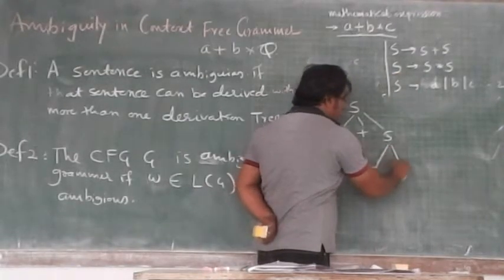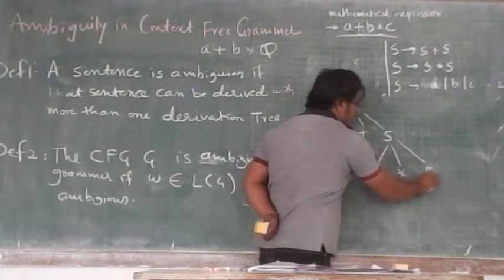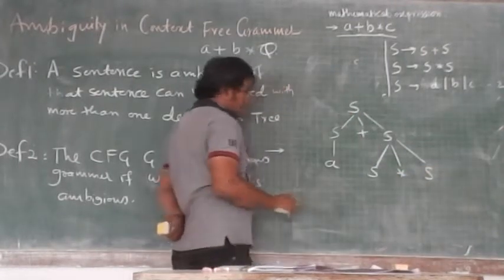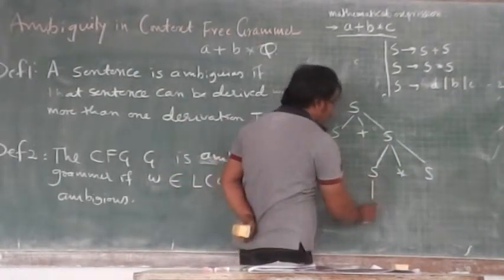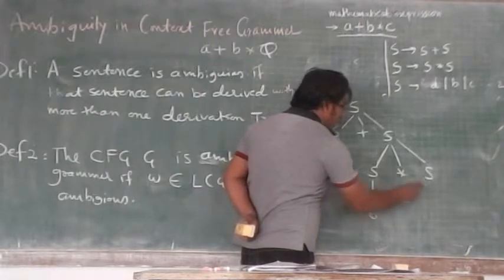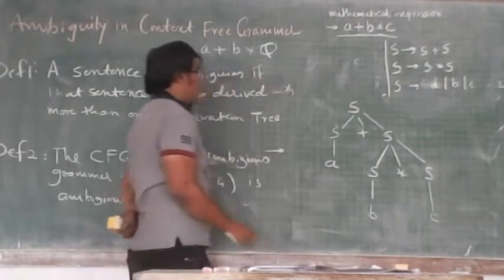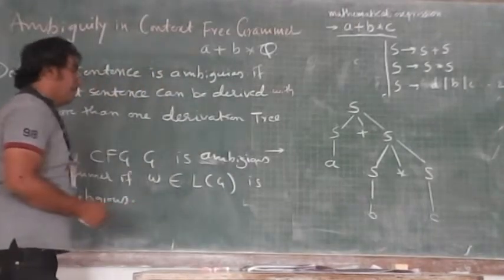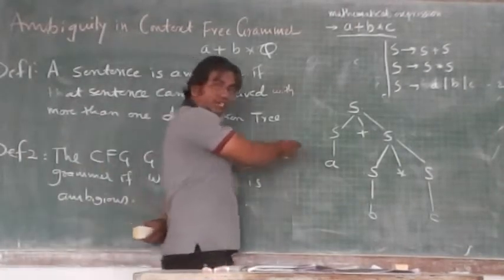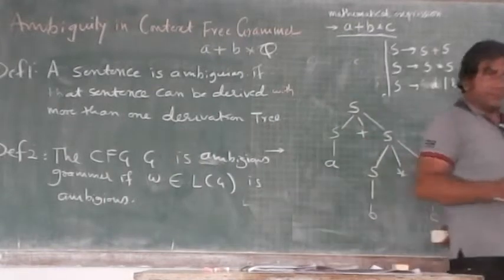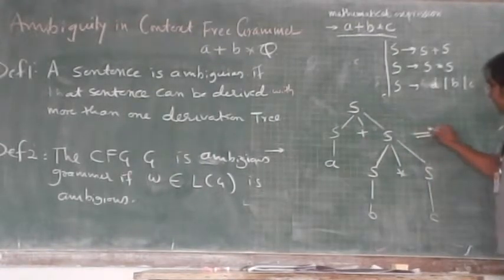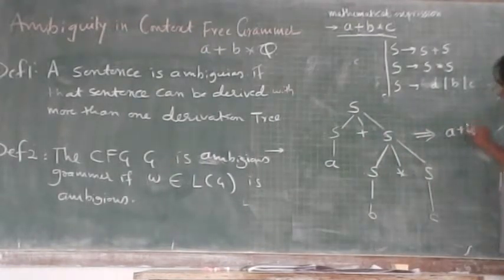In that case I get S star S. Further this S I can reduce to B, and this last S I can reduce to C. And what is the yield of this derivation tree? The yield of this derivation tree is A plus B into C.